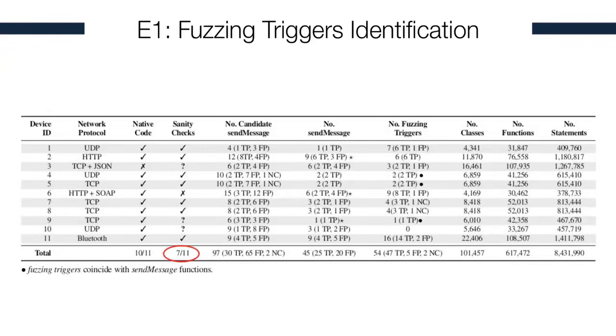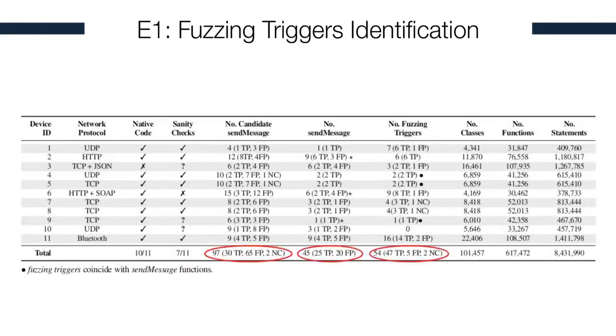The first thing we can see is that most of these apps, at least 7 out of 11 apps, have at least one sanitization function. This shows that for these IoT devices, UI level fuzzing will be ineffective because the input will be sanitized by the input sanitization phase.